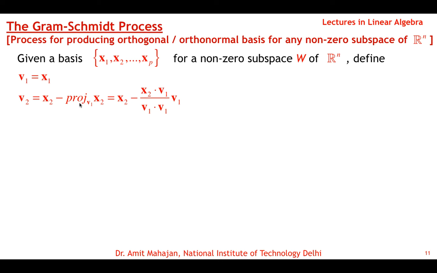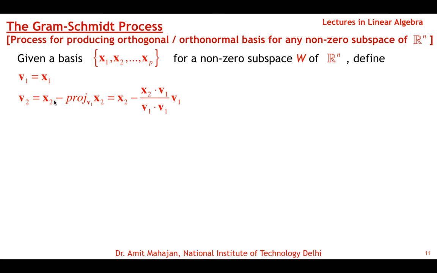We just said that we can decompose any vector as the sum of two vectors, one in the direction of u and the other in the perpendicular direction, so we can calculate y cap and z. Here v2 is nothing but the z vector. If I call x2 the y vector, then this is the projection, y cap, and this difference is the z vector. The definition on previous slides works here.